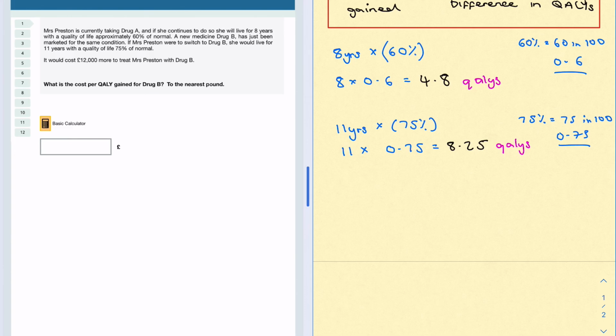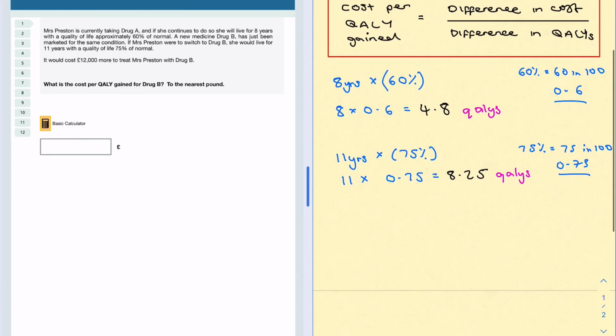Right, okay, so now that we've calculated that, we can now move on to the second step, which is the red box, cost per QALY gained, which would be the difference in the cost divided by the difference in the QALYs. So what's the difference in the cost? Well, in the question it says it would cost £12,000 more to treat Mrs. Preston with drug B. So £12,000 more, they've already told us the difference in the cost.